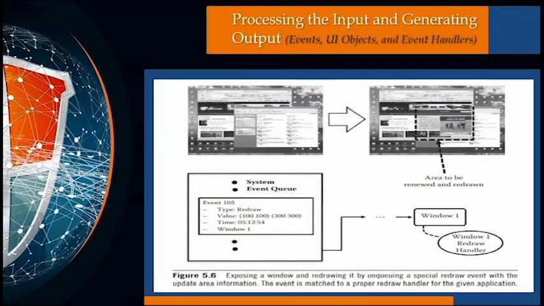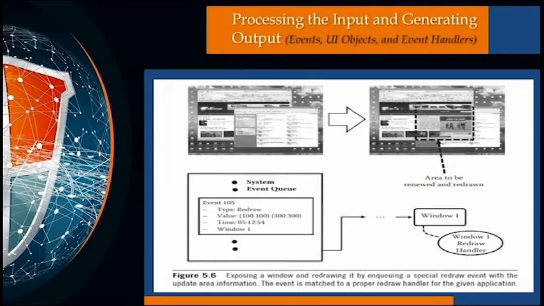That's the processing of the input and generating the output: the events, the UI objects, and the event handlers. Events are the actions the user takes from the input or output devices. UI objects are the widgets and icons, files, and menu buttons.